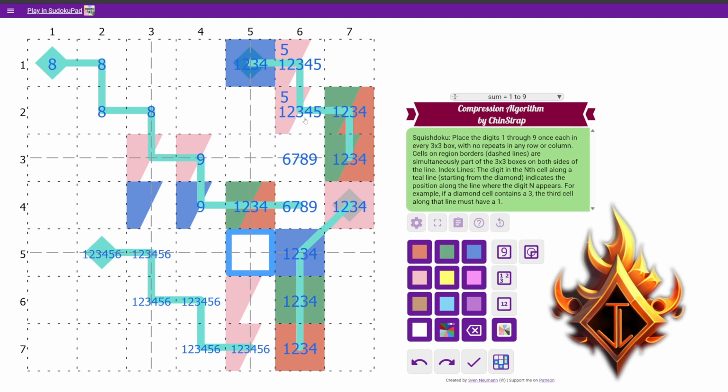Where else would it go? Can't be pink, but it could be 5, I guess. And then it would be in all 3. But then again, if it's here, it could be 5 as well, and it would be in all 3.